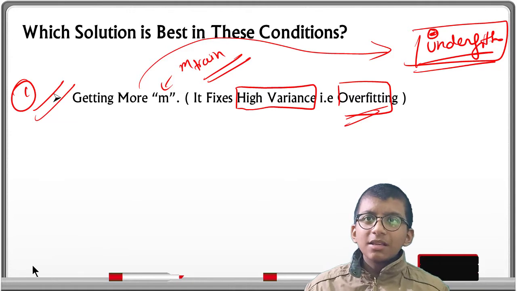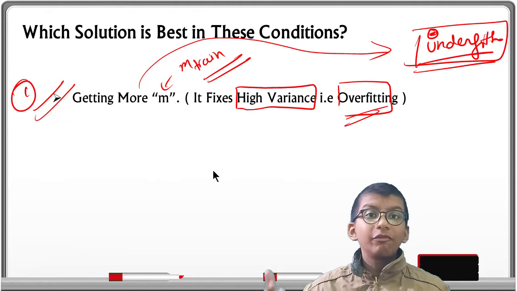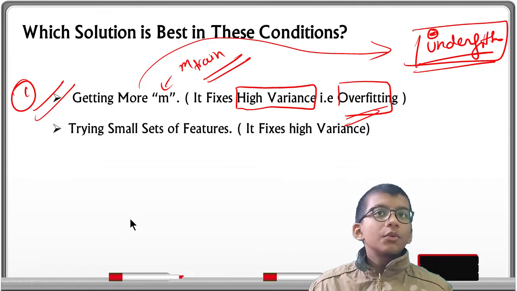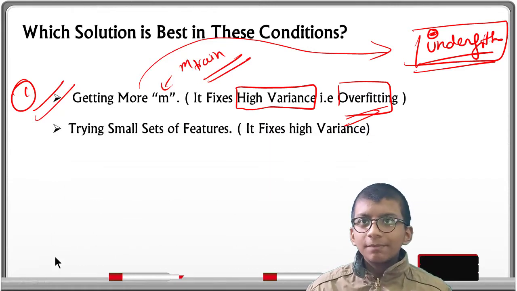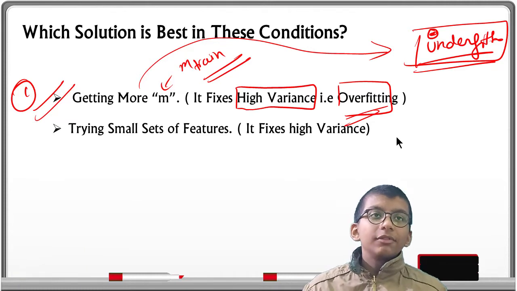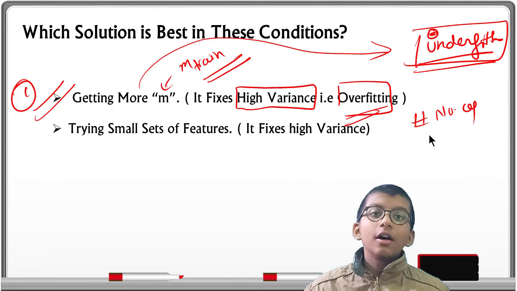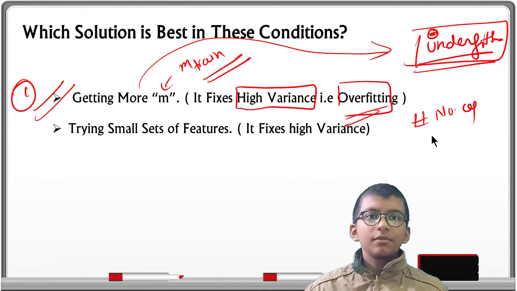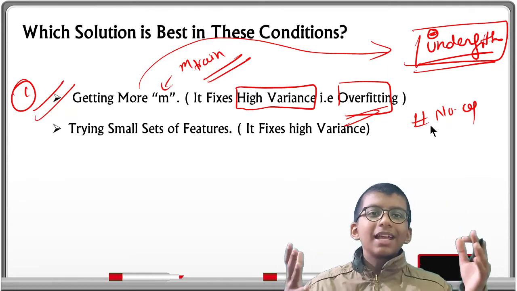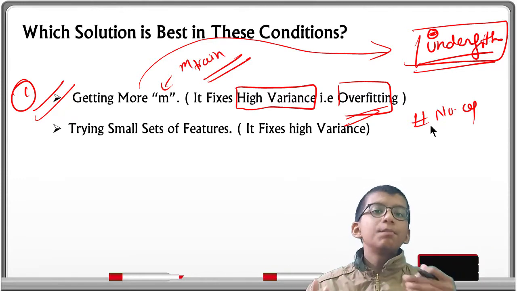Okay, this might seem very easy to you, and I had talked about why I've given a pass there. Trying smaller sets of features simply means we remove the features that are not important. There are lots of features for the price of the house, and we eliminate the ones that are not important.